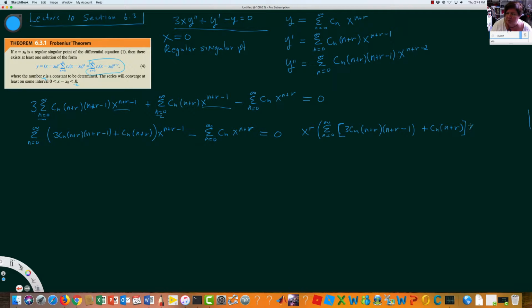And then x to the n minus 1, right? Because the x to the r is out of here. And then we have also minus the sum n equals 0 to infinity Cn x^n, right? And then equals 0. All right, so I just pulled out that x to the r.